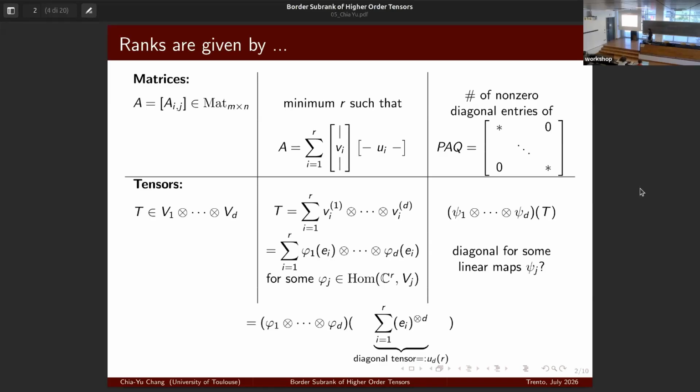Then we can rewrite it as the tensor product of those linear maps applied on the sum of the tensor product of e_i, and here we call this the diagonal tensor. Then we can use this to compare with the tensor T, and this generalizes the method for finding matrix rank. This diagonal tensor is just the unit tensor or GHZ state that we have heard about in these talks.